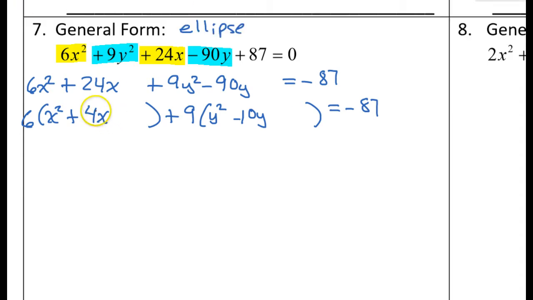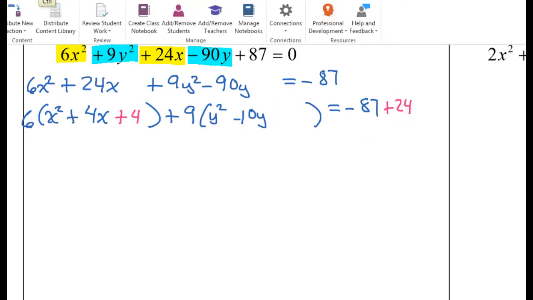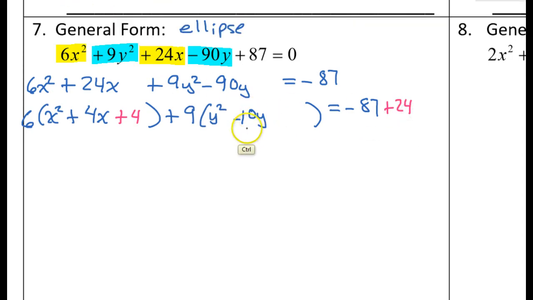Now is when I complete the square. Half the middle squared. Half of this is 2. 2 squared is 4. So I put a 4 right here. I need to balance it out on the other side. But this is really 6 times 4, so I'm going to put a 24 on the other side. Half of this is negative 5. Square it. That's positive 25. But this is really 9 times 25, and that's 225.